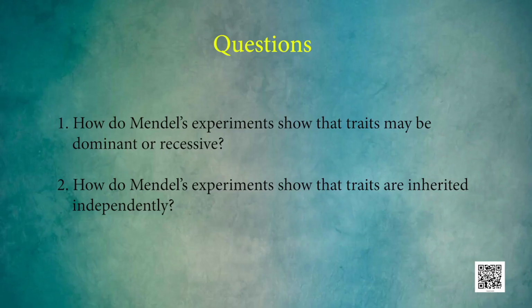So, with this, we will end this session, and till the next session, you have to search for the answers to some questions. First, how do Mendel's experiments show that traits may be dominant or recessive? Second, how do Mendel's experiments show that the traits are inherited independently?